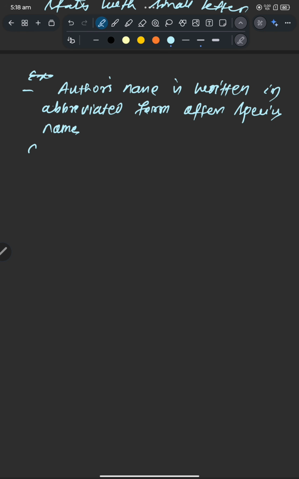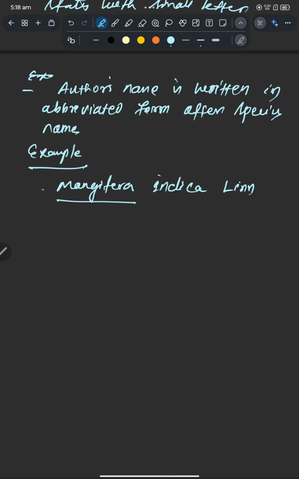For example, Mangifera is the genus, indica is the species, then L. So Mangifera indica are underlined because it is handwritten. Then L is given. So L is the author's name.